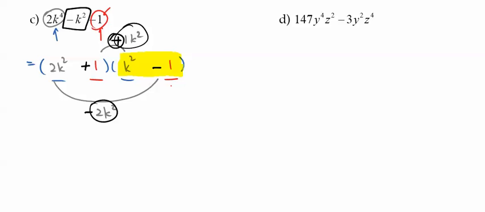K squared minus 1. This will give us a difference of square, which means we need to factor this further. The k squared minus 1 will turn into k minus 1 and k plus 1. So we want to get it done as well.